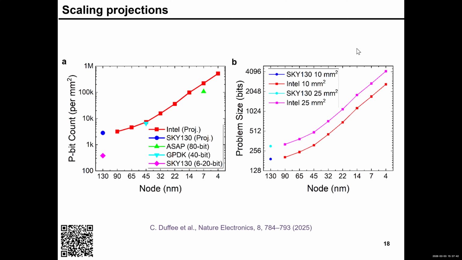But what you can see is that, not surprisingly, if you go to more advanced nodes, the higher transistor count allows you to realize more p bits within a certain available area. And this then allows you to also attack larger problem sizes, here expressed in the number of bits. So these could be the number of bits of a number you're trying to factorize, or it could be the number of bits in some optimization problem that you're trying to solve, for instance.